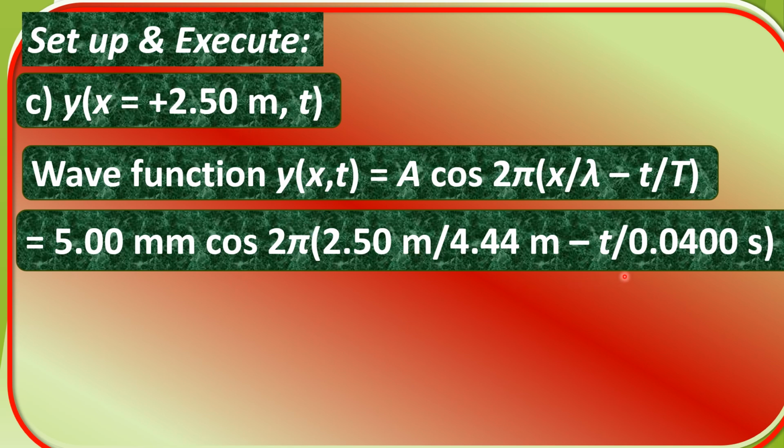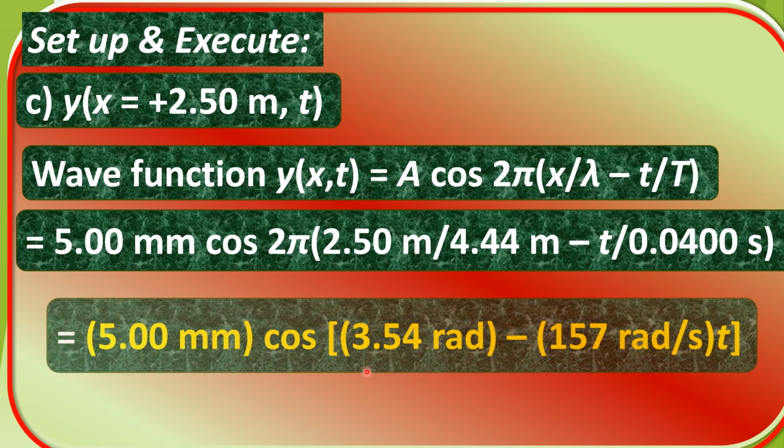For example, at any given time, such as 1 second, all you have to do is substitute that value of the time t in this equation, and then just do the operation to determine the vertical y displacement. But for now, since we are only asked to write the equation of the wave function as a function of time, we just simplify this and come up with this answer.